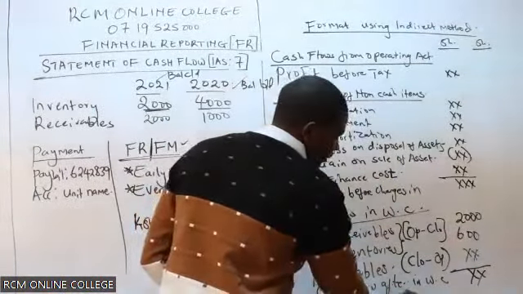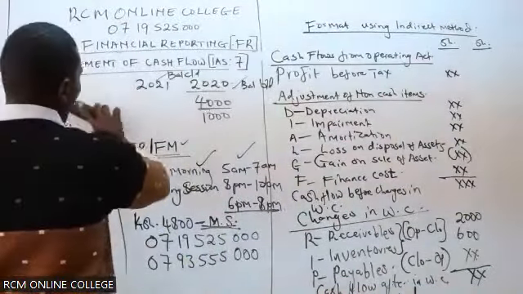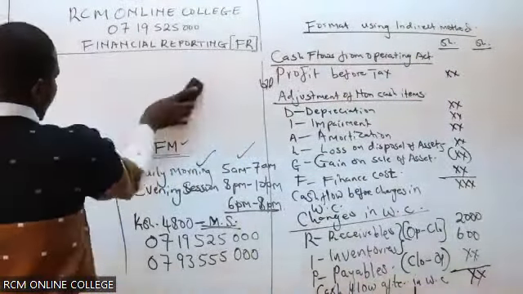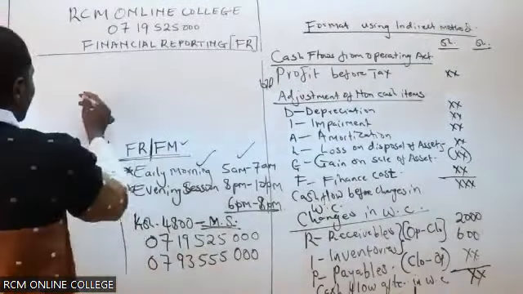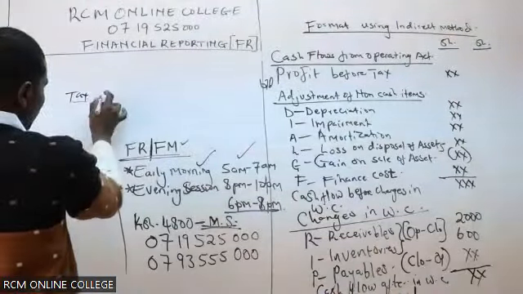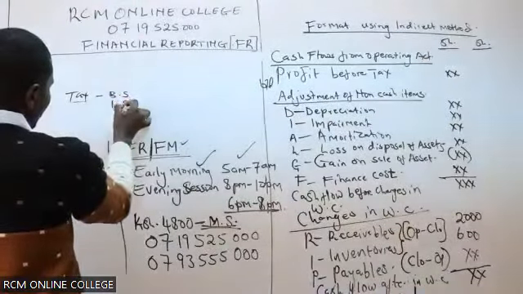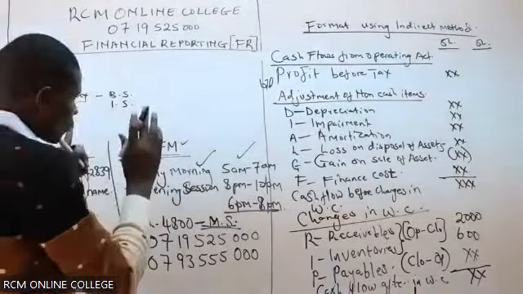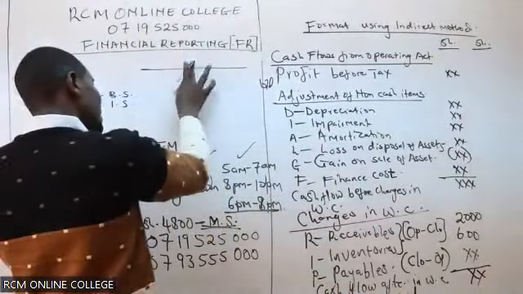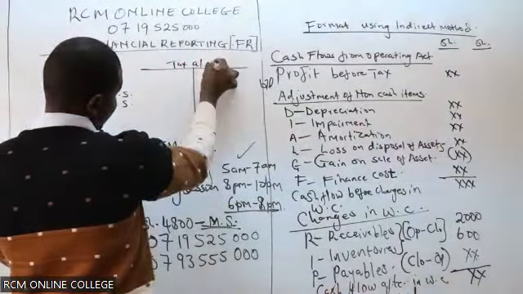Tax paid. Many people get confused, because there is tax that appears on the balance sheet and there is tax on the income statement. You should be very careful. You have to determine the exact tax paid. So you can have a tax account.